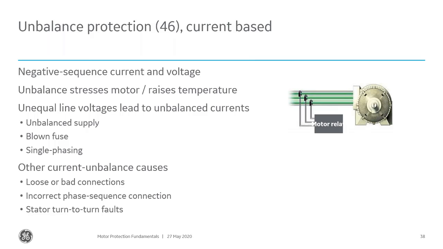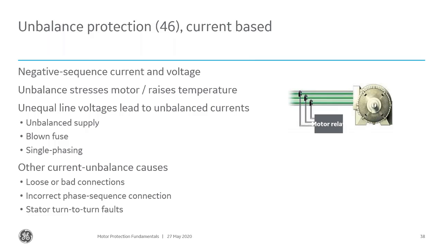This is very important because if you had loose conditions, upstream blown fuses, things of that nature, that unbalanced voltage would manifest itself as unbalanced current into the motor, and it produces extra rotor heating. Extra rotor heating that is at twice the system frequency. So there's a lot of skin effect on the rotor because of the higher frequency. It causes a lot of extra heating. So we certainly want to bias the motor thermal model for that.